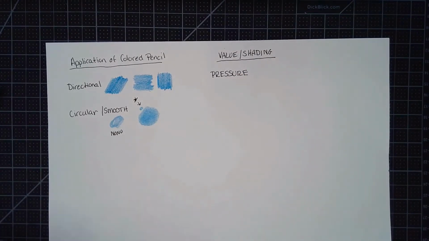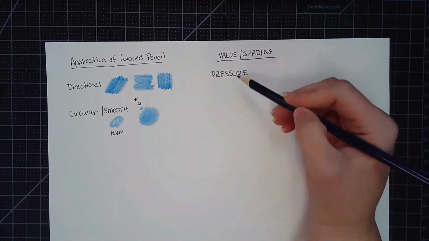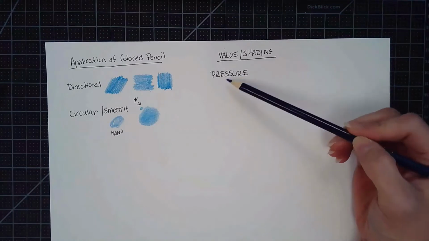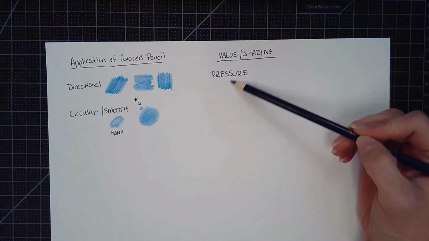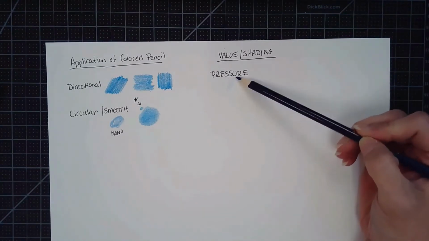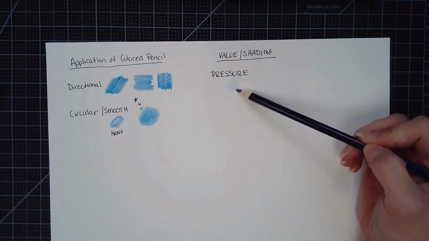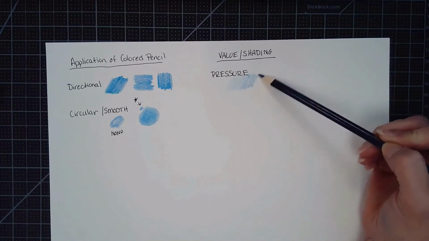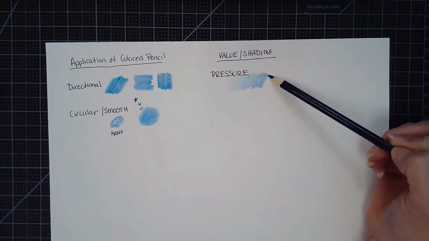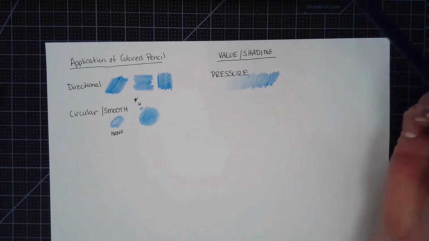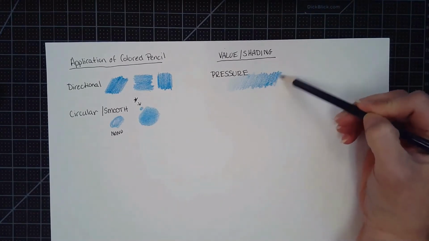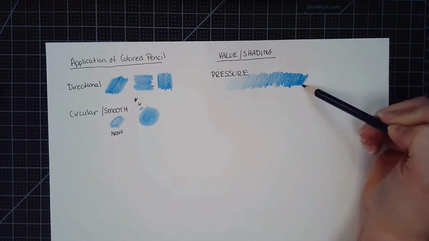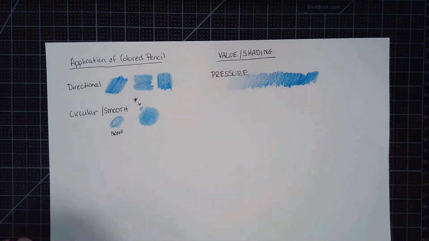So again, to do this quickly, I'm going to use the directional shading technique. And as we already practiced in our sketchbook before, if I apply very little pressure to my pencil point, and as I move across my paper, if I increase that pressure, and increase it, and increase it, press harder onto the tip of my pencil, I can create value.